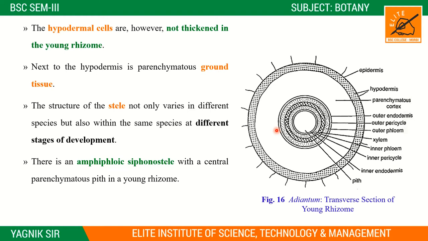So here we see the amphiphloic siphonostele, and a central parenchymatous pith in the young rhizomes. So what's the difference? In this amphiphloic siphonostele, two endodermis, two pericycle layers, two phloem layers, and two xylem layers are present, right?